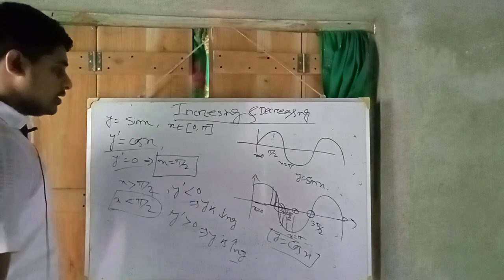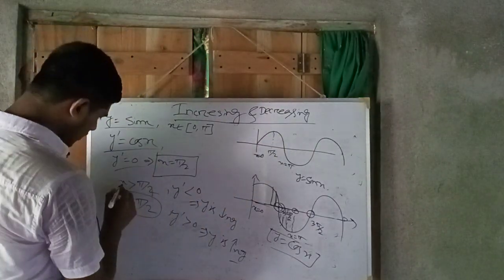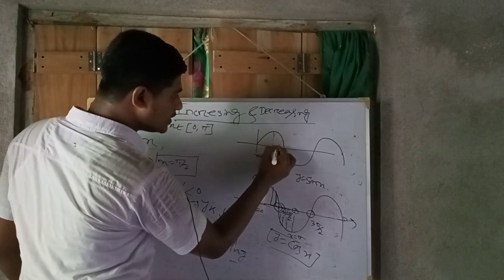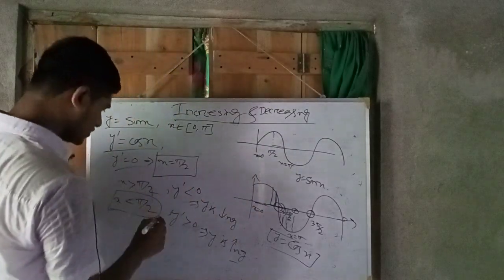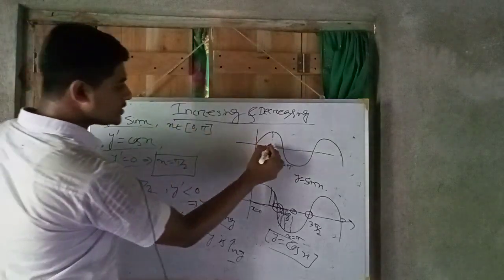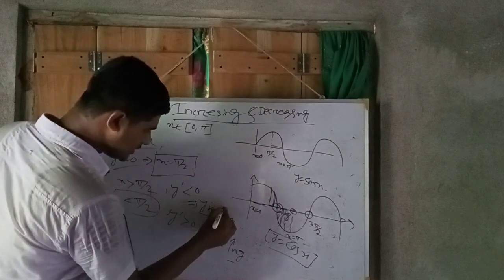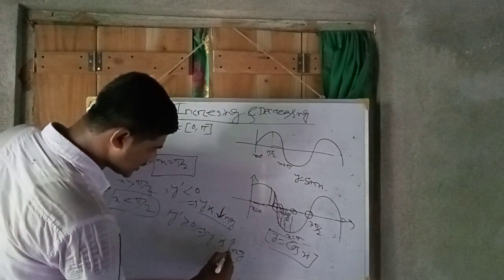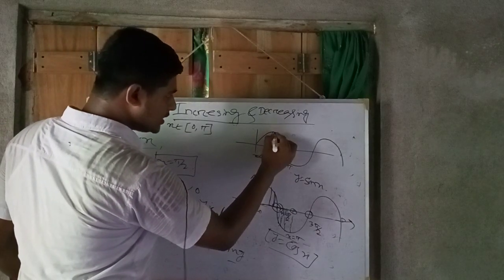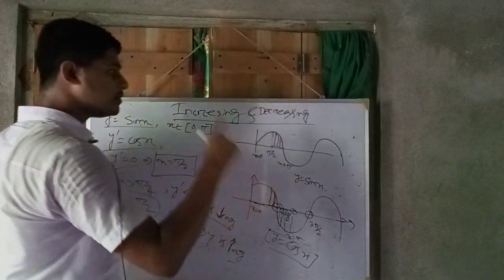Observe this in our y equals sin x. When x is greater than pi by 2, in this portion, sin x is decreasing. This is the decreasing sign, and this is the increasing sign. This matches the definition of decreasing.